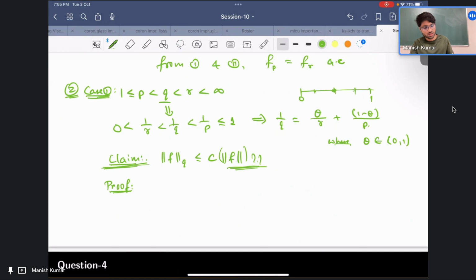The main goal is to prove that this quantity is finite. If the function is in L^p and it is in L^r, then it is in L^q, so you have to prove that this quantity is finite. That's it.